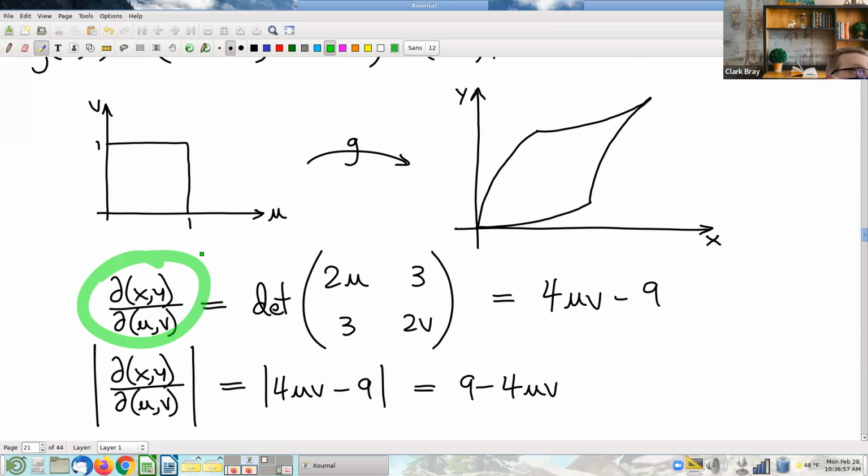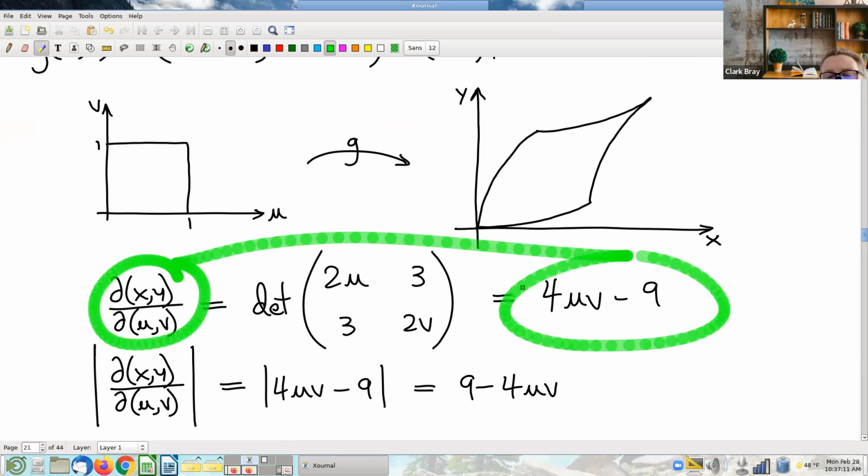It's various partials. Y'all know how to do partials and the derivative matrix. Don't forget the stretching factor is the determinant of that derivative matrix. Partials are easy, determinants are easy, and you can punch up that this is our determinant. Okay, everybody good so far?